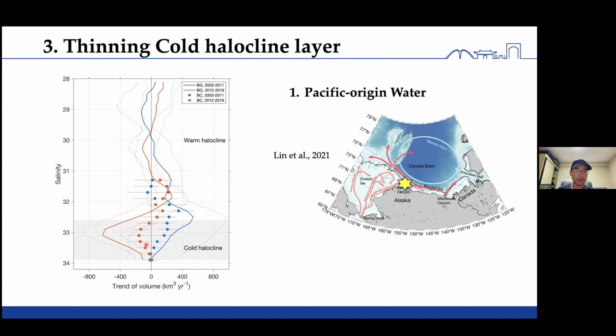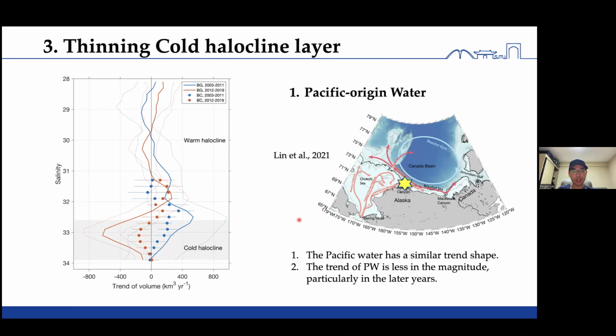And there are two take-home messages, right? The first is the Pacific water does have a similar trend shape compared to the trend in the basin. And the second take-home message is the trend of the Pacific water is a little bit less, well, not a little bit, it's significantly less, because this is the confidence range, in the magnitude, particularly in the later years.